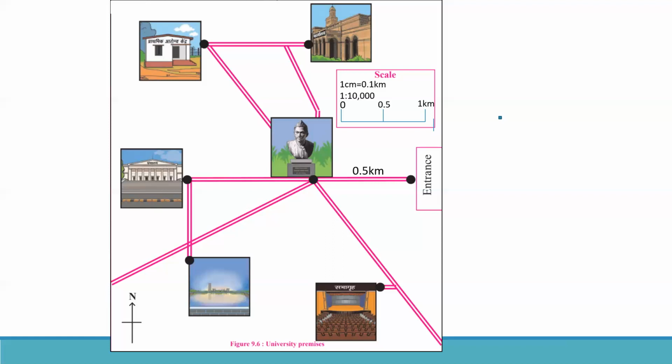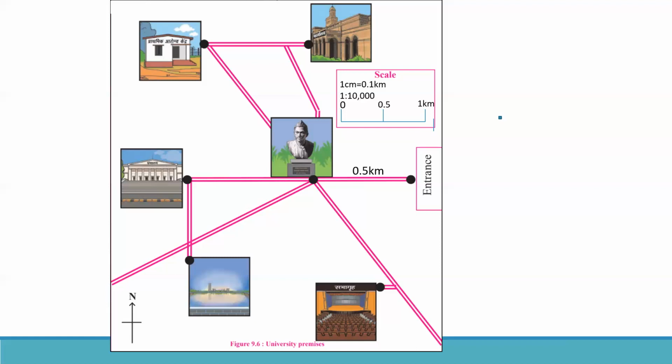Okay. So on this basis, there are many more distances to be calculated. You can do that. That is lake to the auditorium, office to the lake, auditorium to office, health center to auditorium. You have to just take a scale and measure it in centimeter and convert that into kilometer.